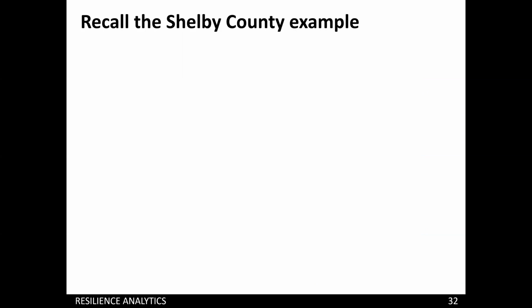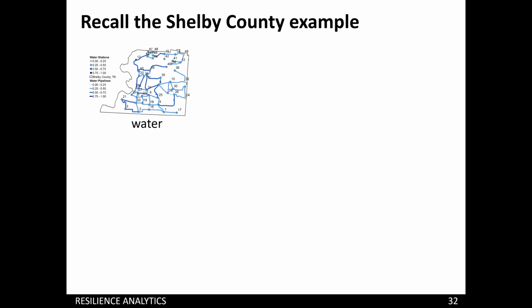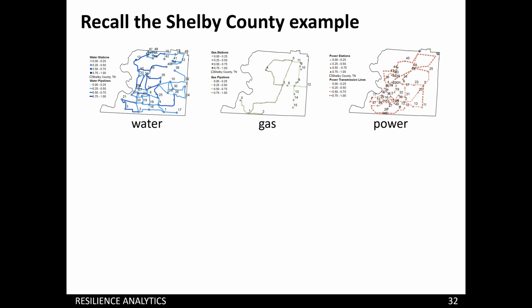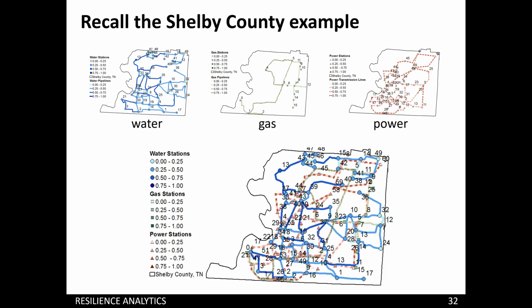Okay, so why does this matter to us? So let's think back to that Shelby County, Tennessee example that you've seen before. You remember we had interdependent water, gas, and power networks. And here's what that set of interdependent networks looks like in Shelby County, Tennessee. And remember, in Shelby County, this is where Memphis is located.